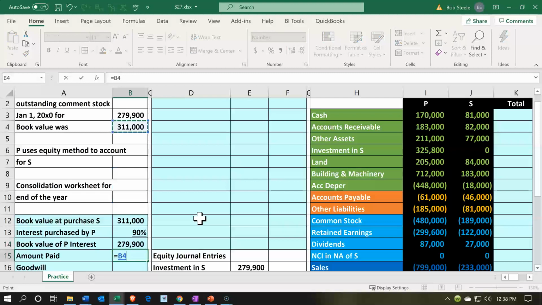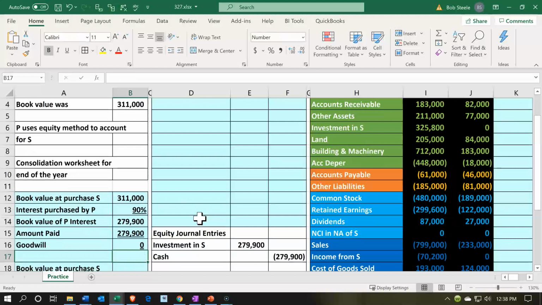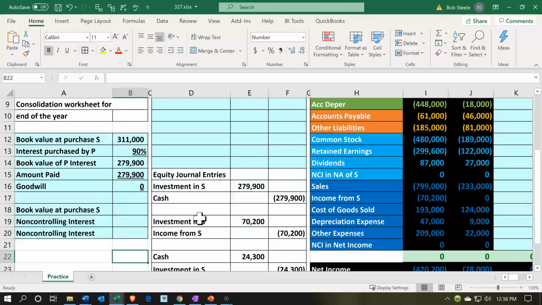So once again, that's going to be a bit of a simplification. We're going to be adding complexity to this as we go. But notice, as of the point of purchase, they purchased exactly 90% of the book value, the equity section, assets minus liabilities of the company S. That means there's a non-controlling interest. How much is the non-controlling interest?